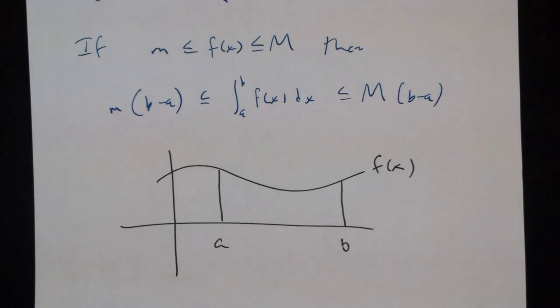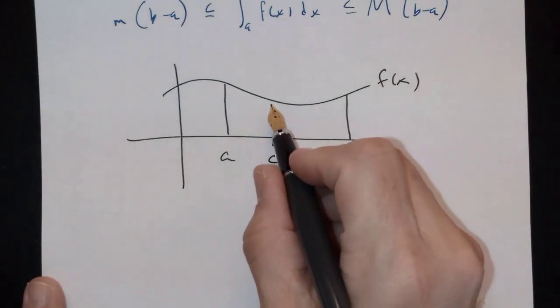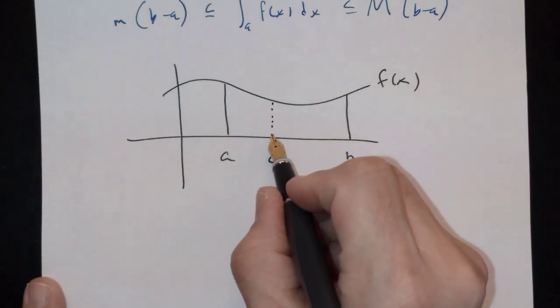On the left, in the middle, or on the right? Say again? In the middle. So I'm going to put it over here, C. Let's consider drawing that little vertical line.